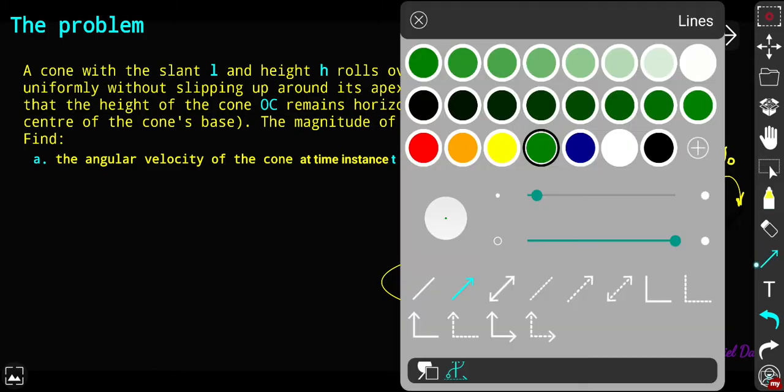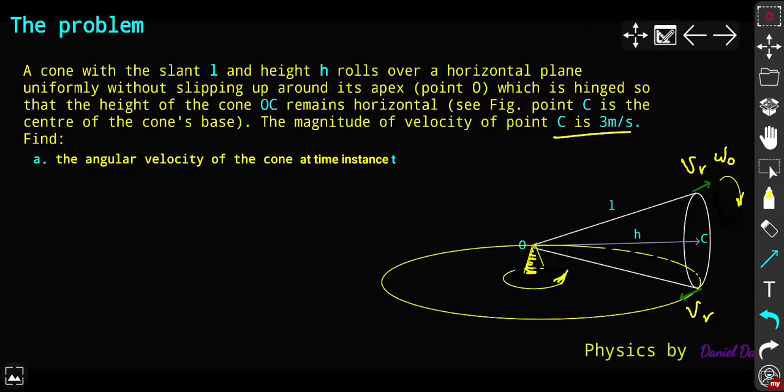So here is V of the point C, which is basically a sort of translational motion in that case.